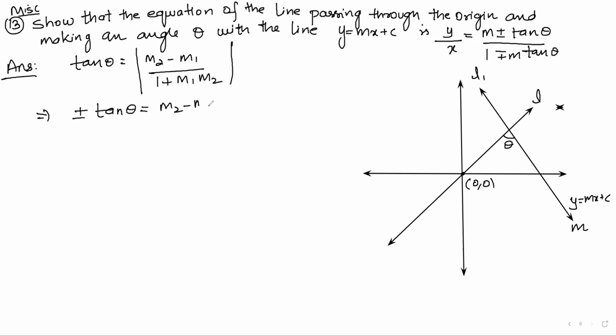But before that, we need to let the slope of the required line. ठीक है, हमें जिस लाइन की इक्वेशन फाइंड करनी है, let the slope of required line is m2. ठीक है, so we will put all these values.